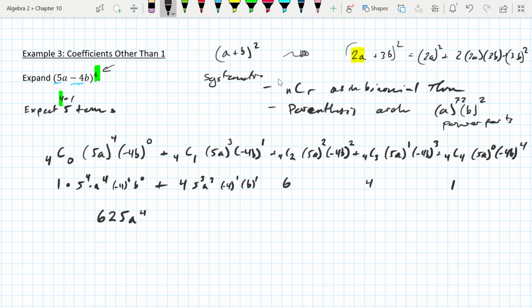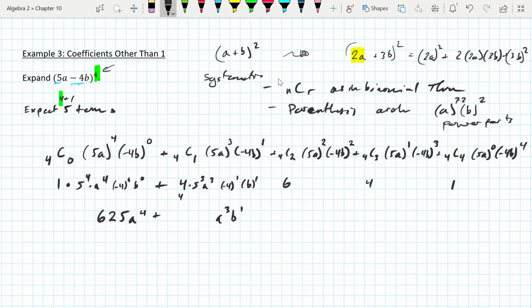Now, that means I'm going to have a cubed and b to the 1. But let's figure out the numbers. Negative 4 to the 1 is negative 4 times 5 cubed. Oh, it's 125.